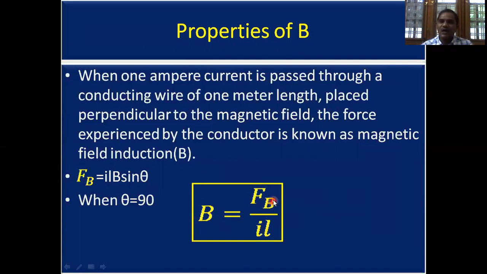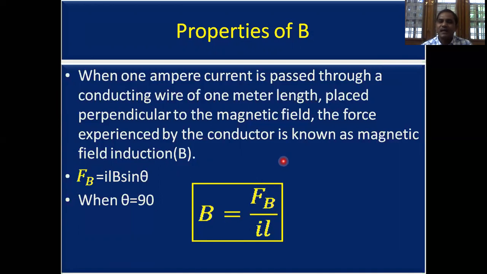So how do we define it? It is the ratio of the force to the product of current and length of the conductor, when the conductor is kept at right angles to the field direction. So the magnetic induction field strength can be defined in terms of a current carrying conductor as the ratio of the force experienced by the current carrying conductor when placed perpendicular to the magnetic field to the product of current and length of the conductor.